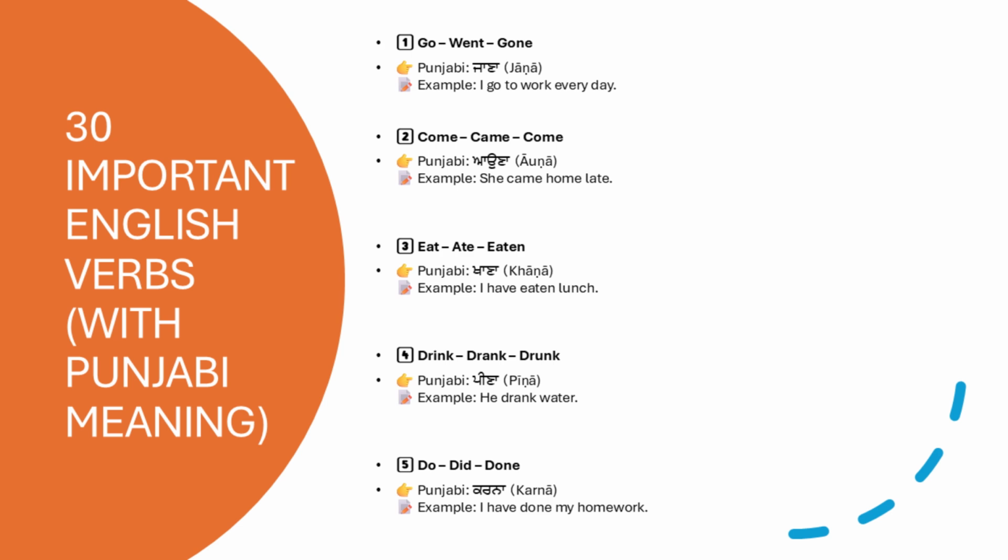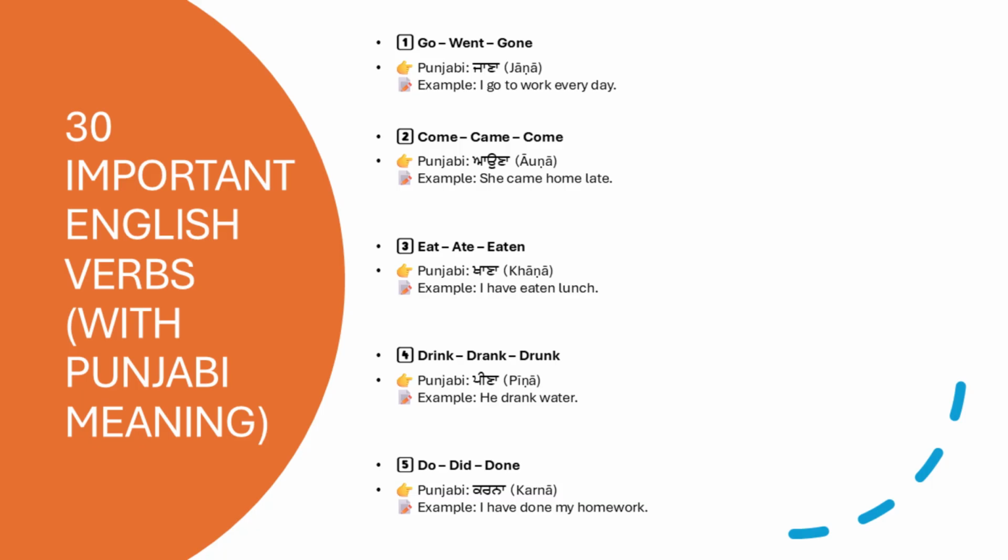Second verb is come, which means auna. Come, came, come. For example, she came home late. Come is the base form, came is the past form, and come again is the past participle.